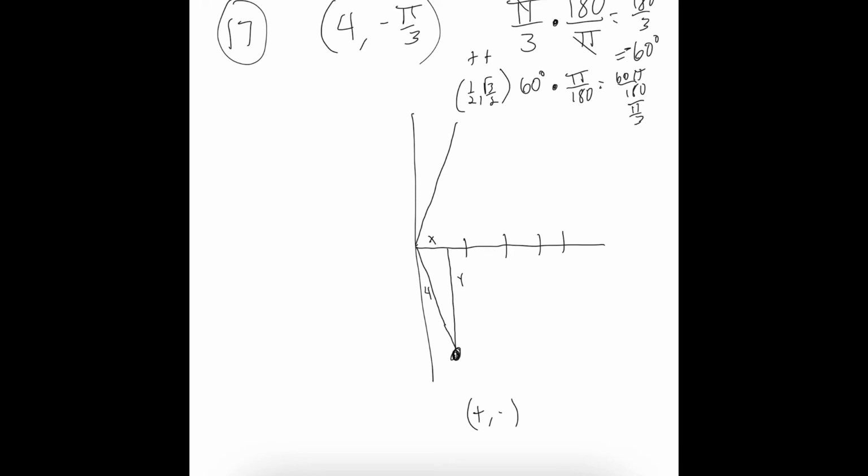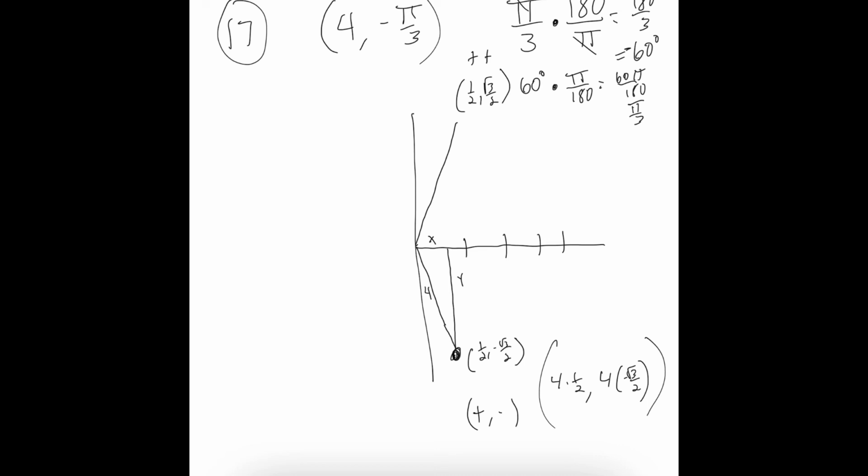If the radius is 4, then what we're going to do is just multiply our coordinates by 4. And so if the radius was 1, this coordinate would be 1/2, negative root 3 over 2, but the radius is 4. And so what we got to do is just multiply these coordinates times 4. So we're doing 4 times 1/2, and 4 times negative root 3 over 2.